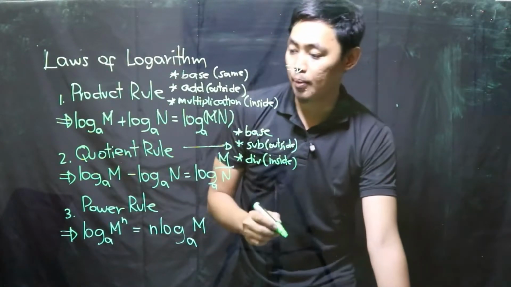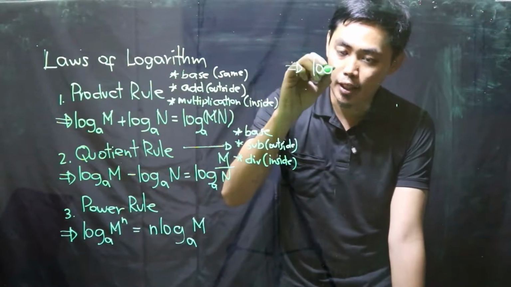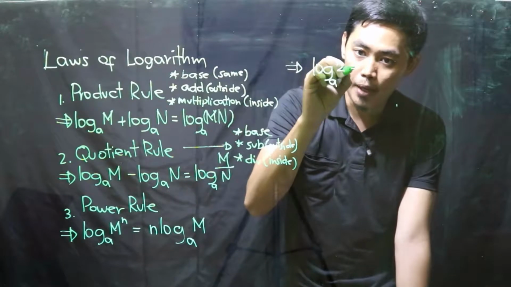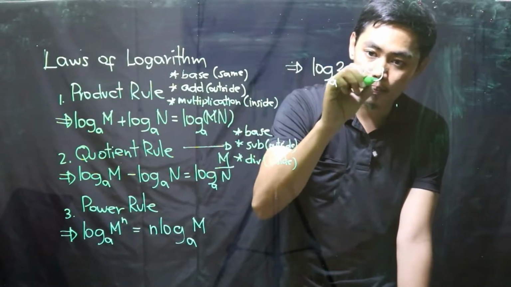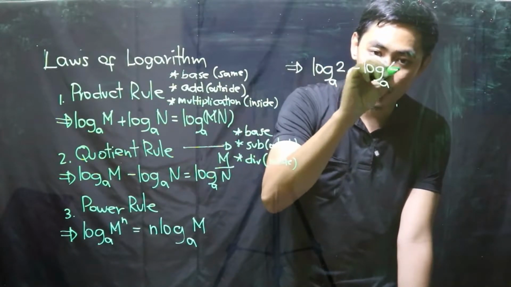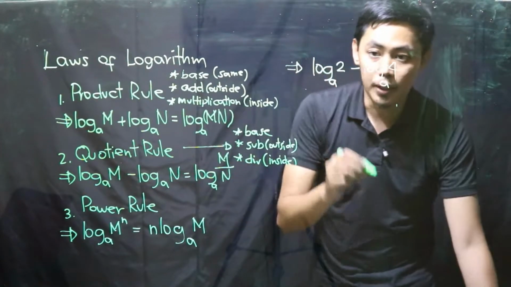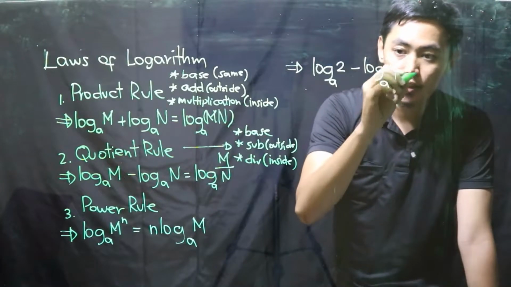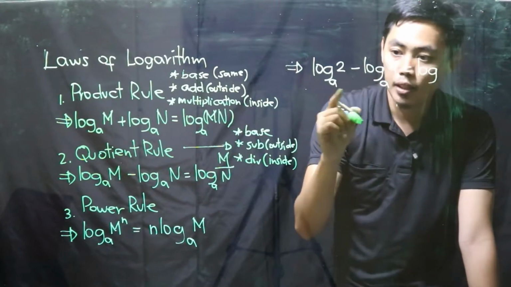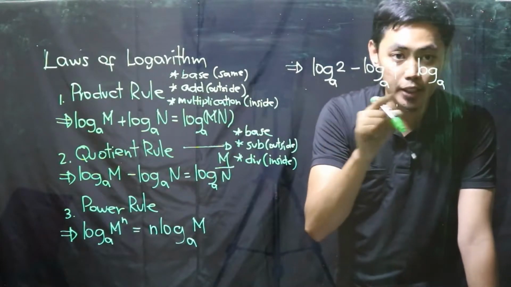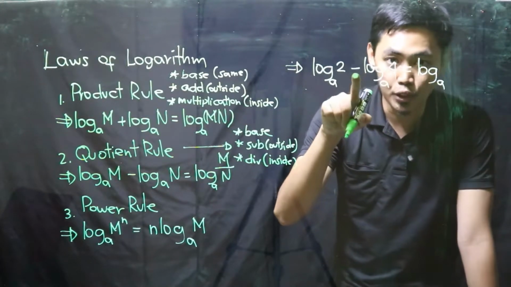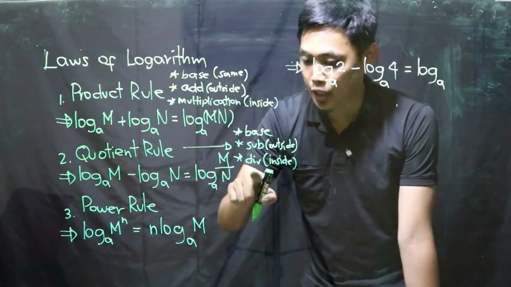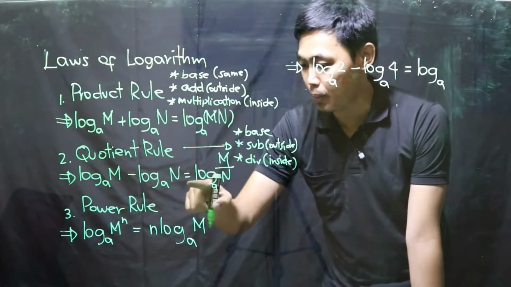So let's have an example. Logarithm of base a 2 minus logarithm of base a 4. What is the answer? Minus, the same base, so logarithm of a, same base. Since this is subtraction, we will change it to division following this pattern.